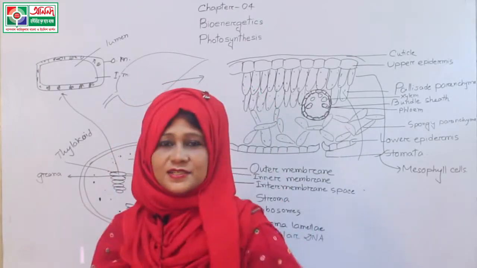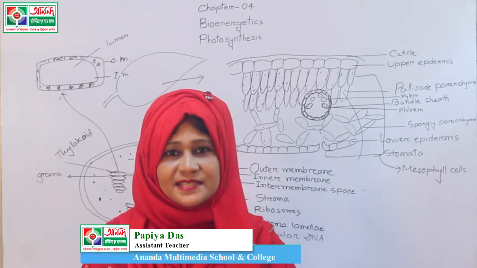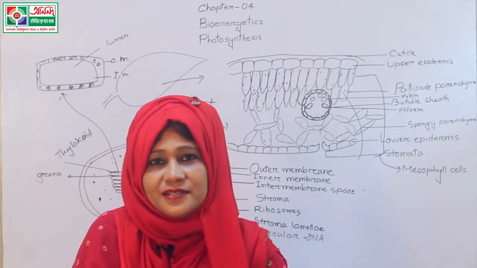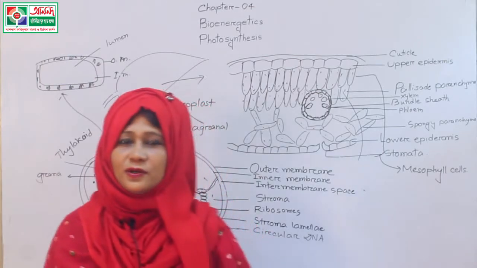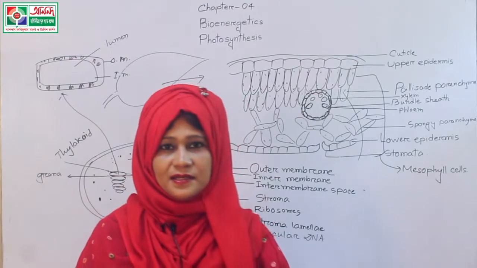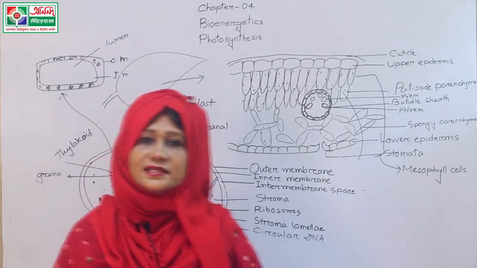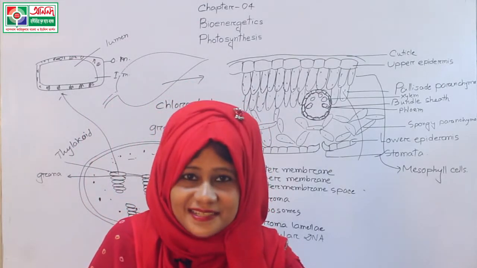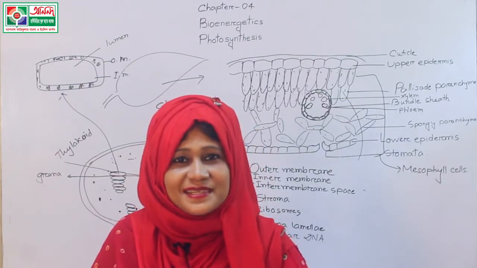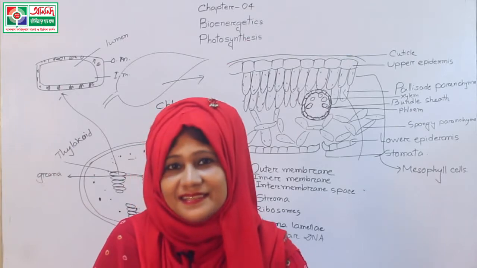That means students, photosynthesis has two steps, light reaction and dark reaction. Light reaction is also known as the light dependent phase, or it is also known as the photophosphorylation. This photophosphorylation is also two types, cyclic and acyclic.